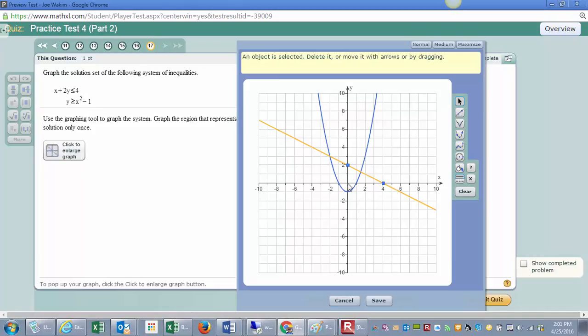Try 0, 0. 0 plus 0 less than 4, true. So for the line, this region is good. 0 is greater than this one is true, so this is the solution. So notice that 0, 0 is true for the line, so this whole region for the line is good. But for the parabola, 0 is 0, the inside of the parabola is good, so this is where they overlap. Save.